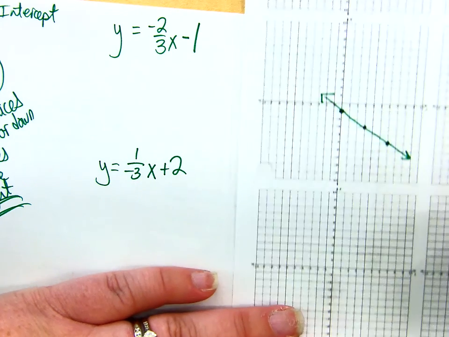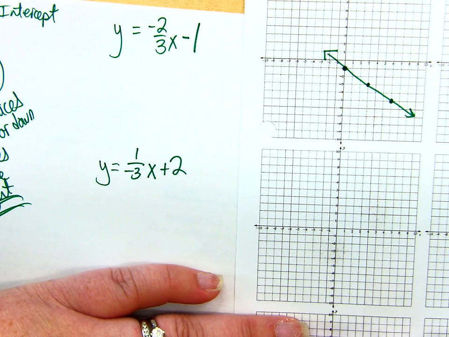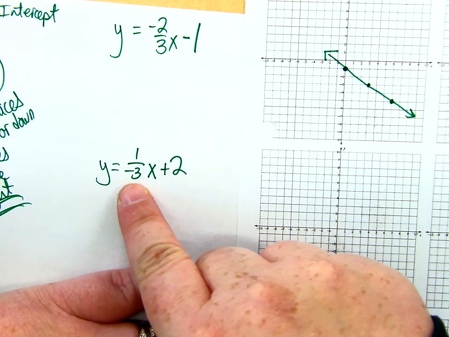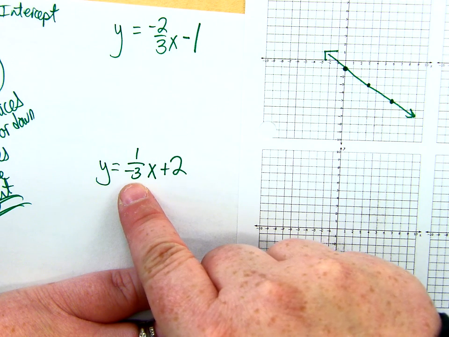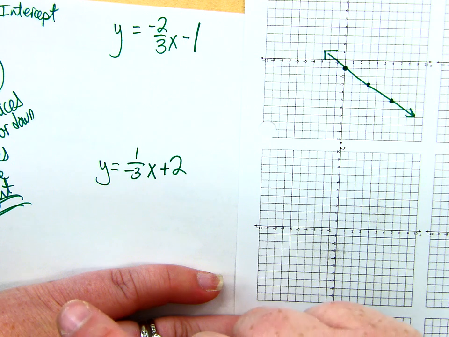So before we even graph it, should this thing be going up or down from left to right? Down, because my slope is a negative. There's a negative sign attached to my slope. I don't care that it's in the denominator.